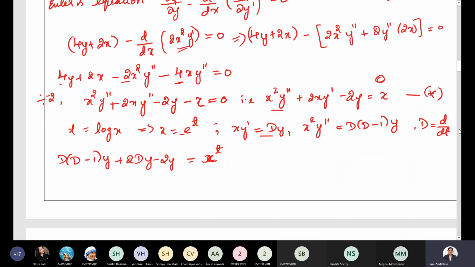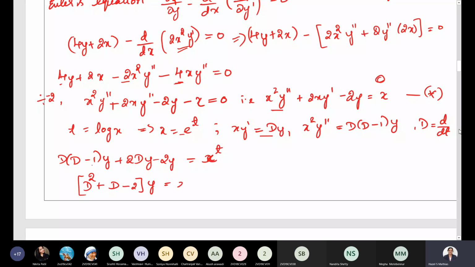So what will we have when we take the y term outside? We will have D square minus D plus 2D, so it will become D square plus D. Then here you will have minus 2 into y.